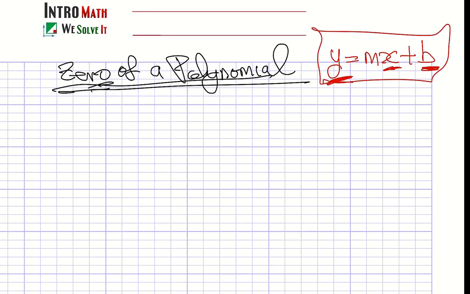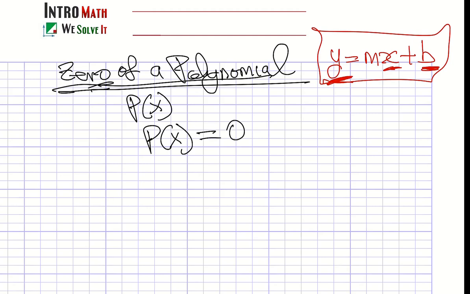To draw a polynomial, there's something called the zeros of the polynomial. You get the zeros when you take the polynomial. If this is a polynomial, I'm going to write it generally. You find the zero when you take the polynomial of x and equate it to 0, and then you solve for x.